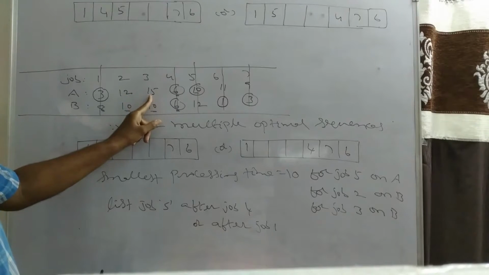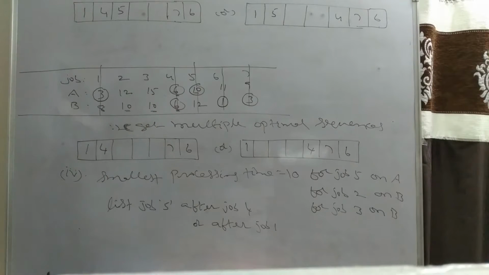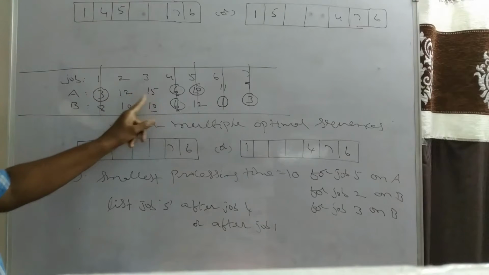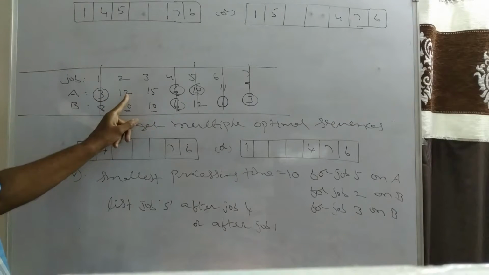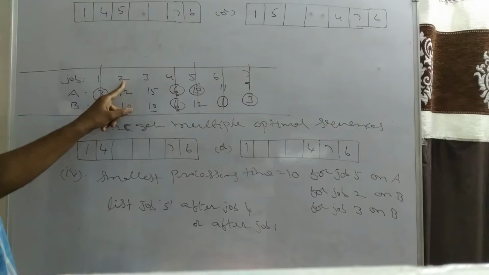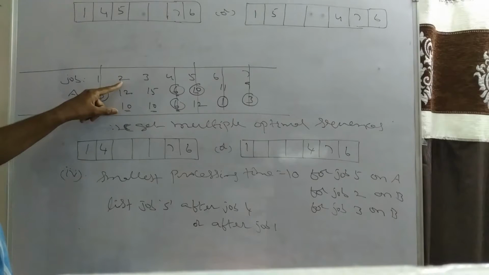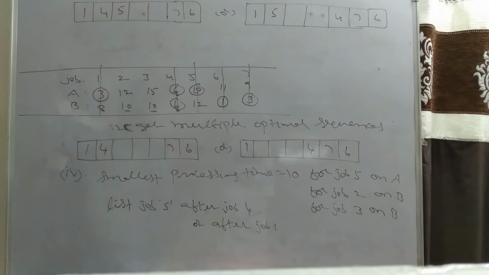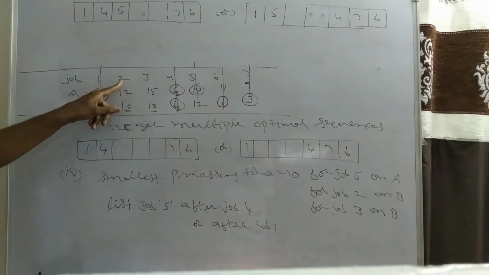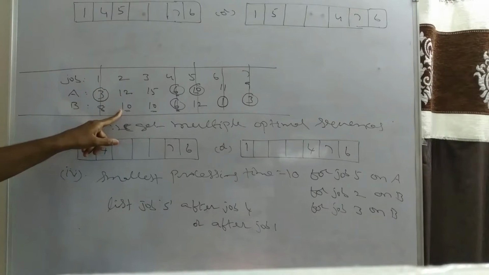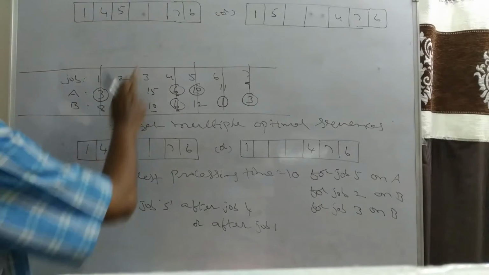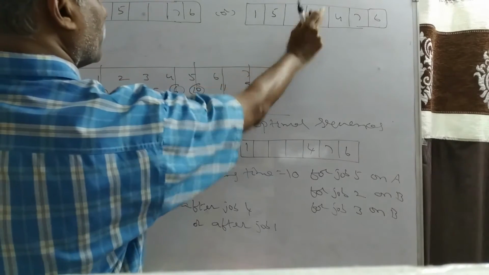The processing times for jobs 2 and 3 on machine A are 12 and 15. So the minimum of these two is 12. So we consider job 2. Then we process job 2 last. That means we list job 2 in the last position of the sequence, before 7 or before 4.